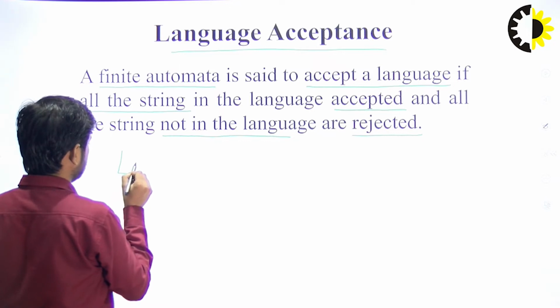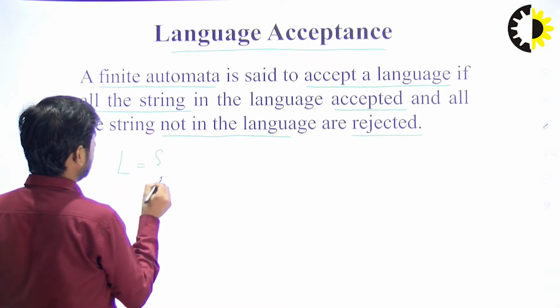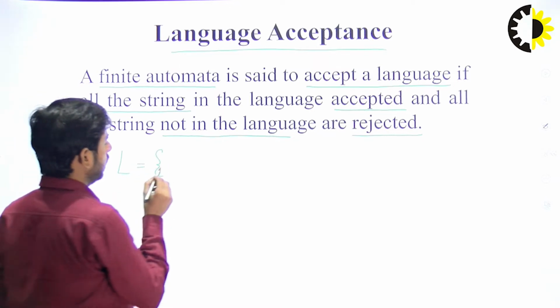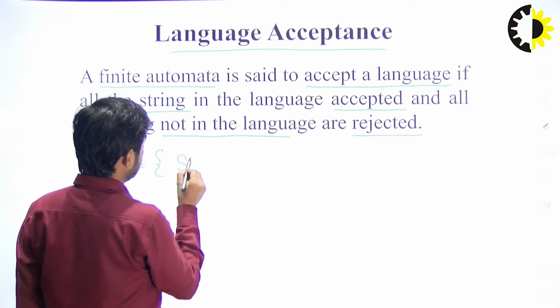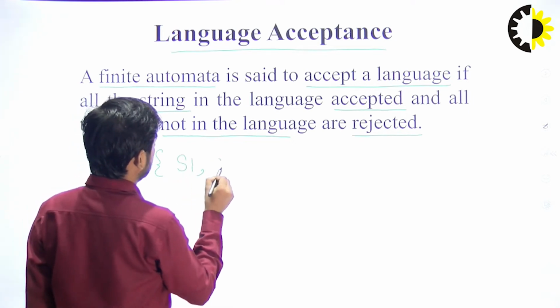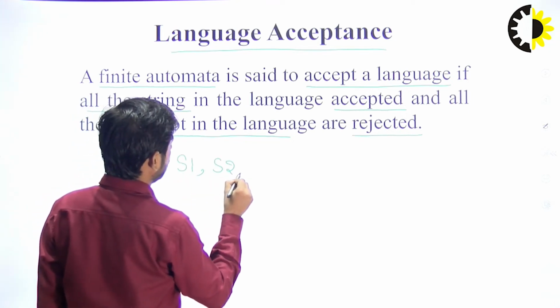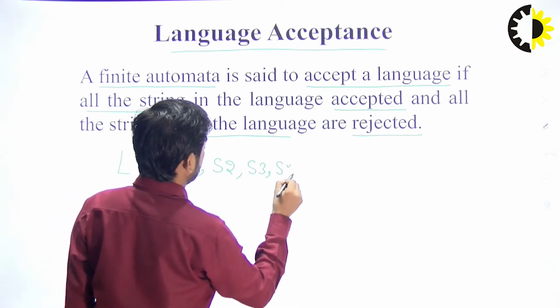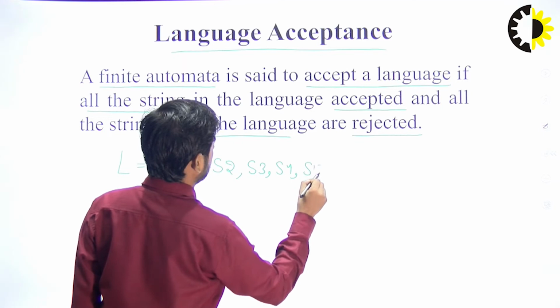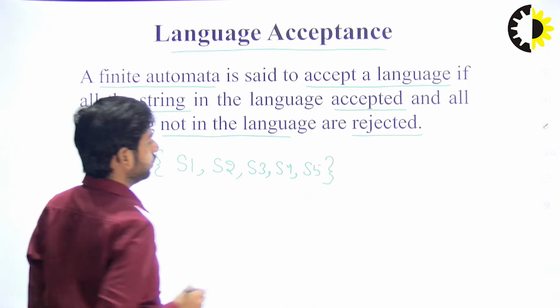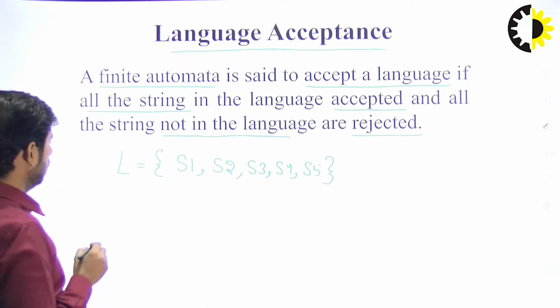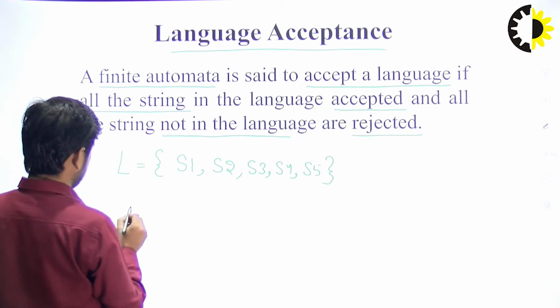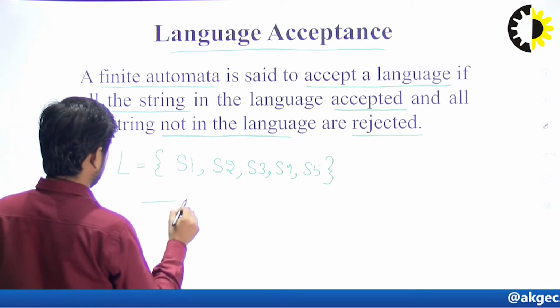Suppose there is a language L and there are 5 strings S1, S2, S3, S4 and S5, and there is some finite automata.